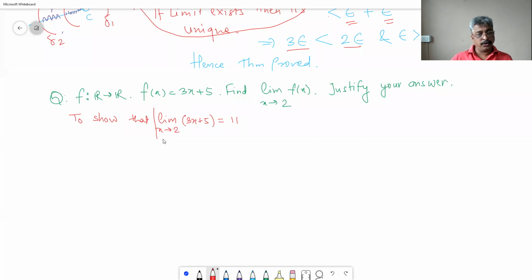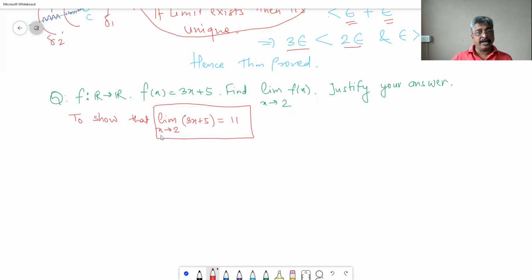This is what we want to show. Now, what does this mean? This means if we go near 2, in the delta neighborhood of 2, then we will be in the epsilon neighborhood.